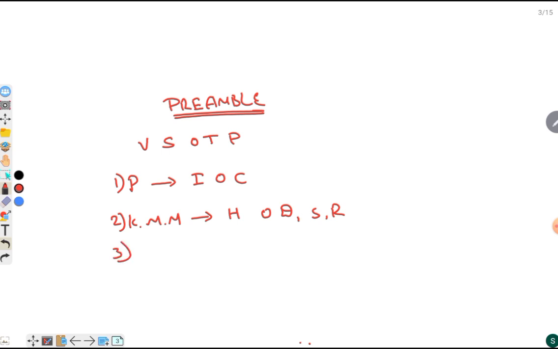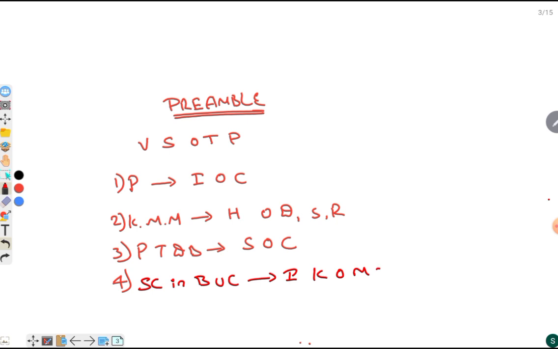And Pandit Thakur Das Bhargav called it the soul of the constitution. The Supreme Court in the Berubari Union case took the view that the preamble has the keys to the minds of the makers of the constitution. Hence, these are the various views of the scholars.